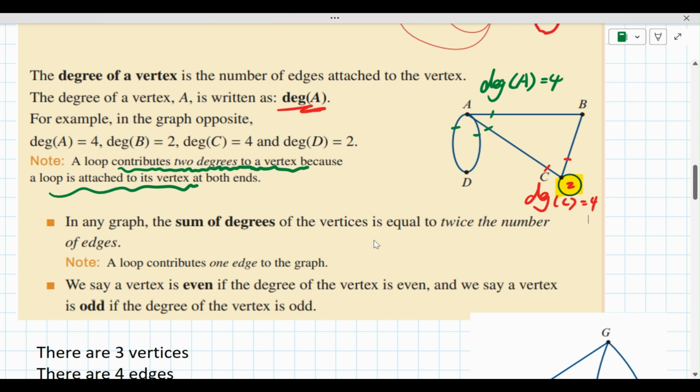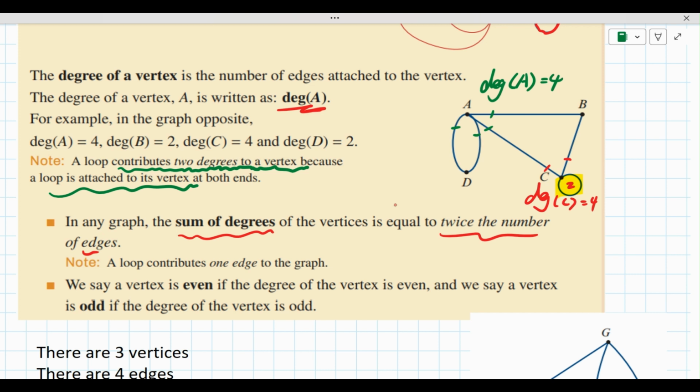In any graph, the sum of the degrees of the vertices equals twice the number of edges. Let's have a look: there are 1, 2, 3, 4, 5, and 6 edges.